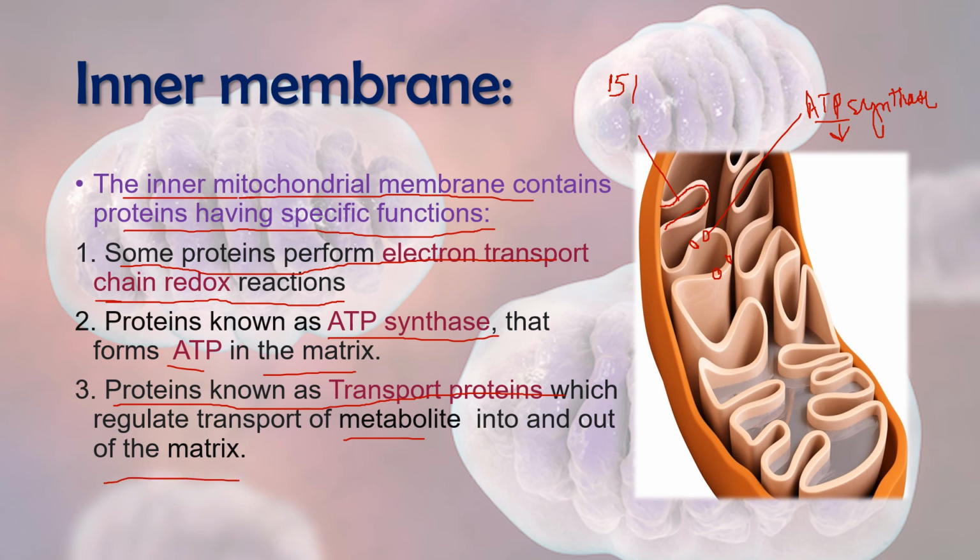So some proteins present in the inner membrane are known as transport proteins. What do they do? They basically help in transporting the metabolites into and out of the matrix.